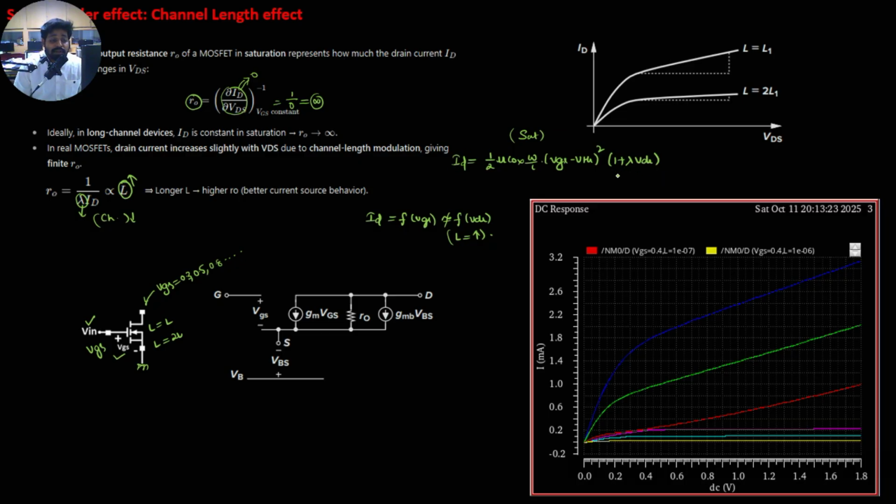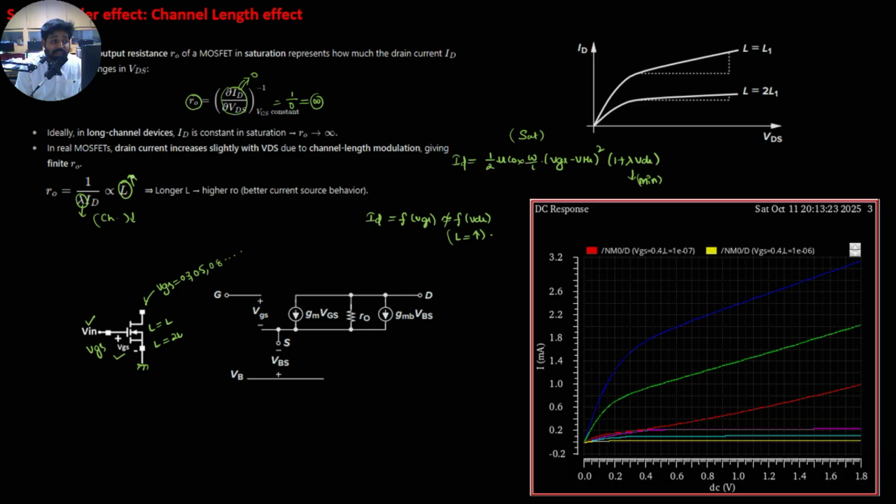So our requirement is that lambda, the channel length modulation coefficient, should be as minimum as possible, so that the VDS impact on the ID is as minimum as possible. That is what we expect for analog applications, when we control the current flow based on VGS.